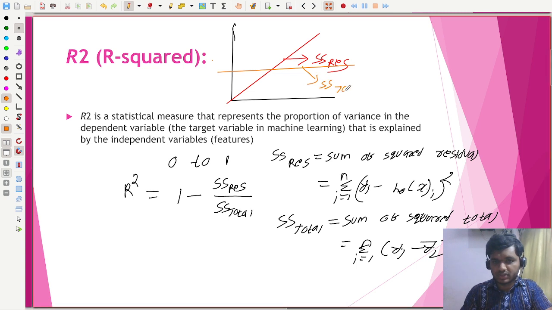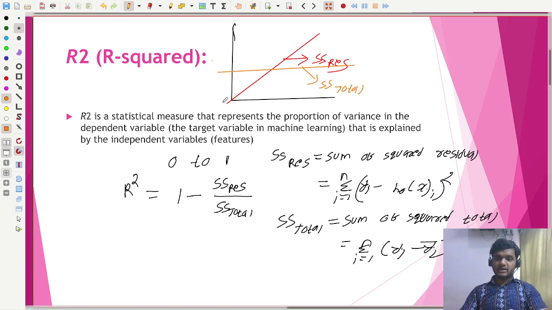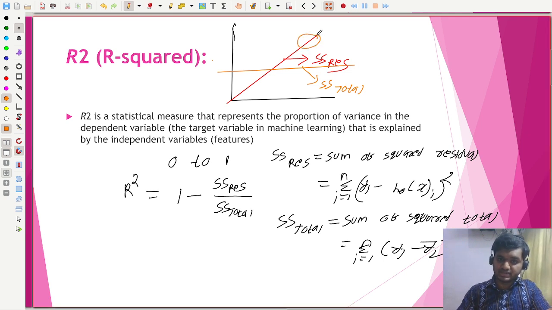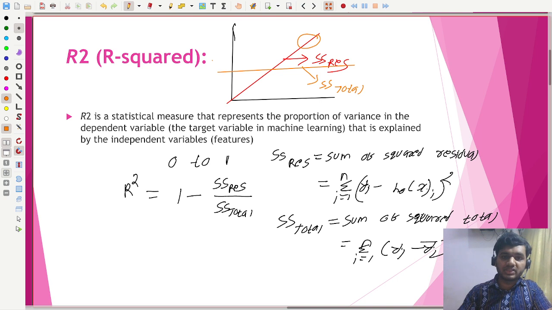If you calculate actual minus predicted for this line, it is SSRES. If you calculate for this line, that is SS total.